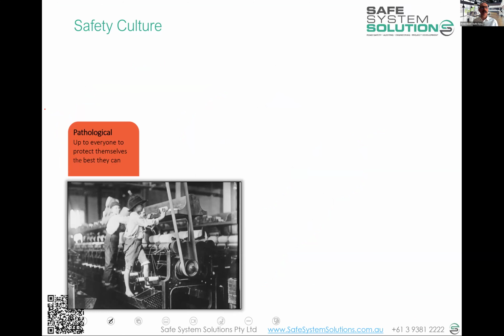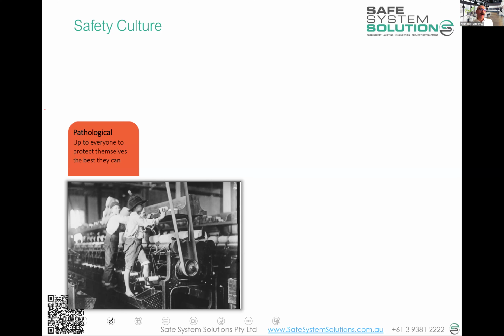Let me build on that with a bit of a discussion about safety culture 101 here. I'm going to jump out of roads and transport, where we immerse ourselves, and go into manufacturing, of some sort of widgets. Back in the day, these factories were a fairly open system.